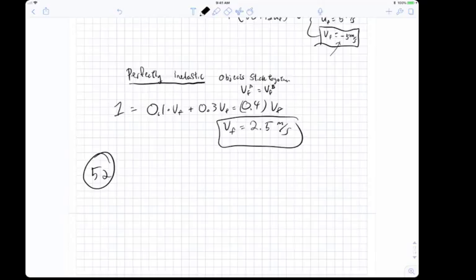All right, a 20 kilogram child is on a swing that hangs from a 3 meter long chain as shown in a picture. Here's the picture.